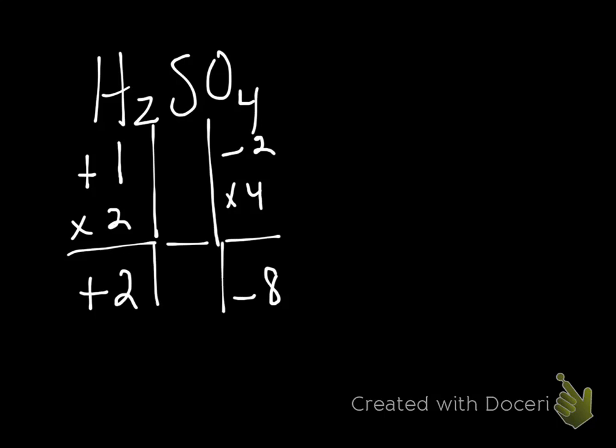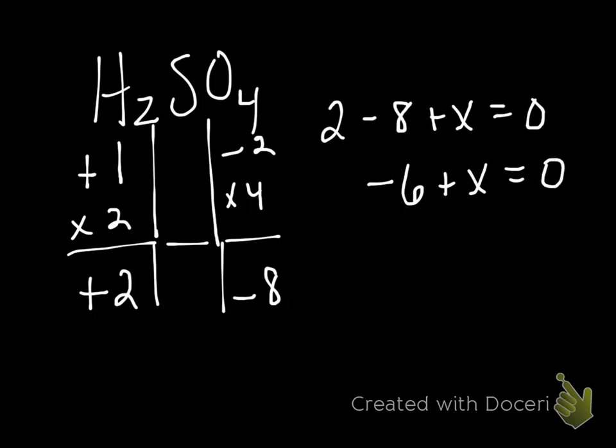Well, what we need now is something that will equal 0. So 2 minus 8 plus x equals 0. Well, we got -6 plus x equals 0. X is +6, algebraically.